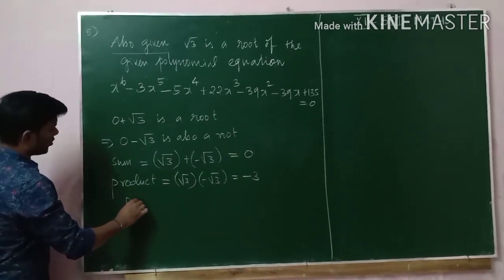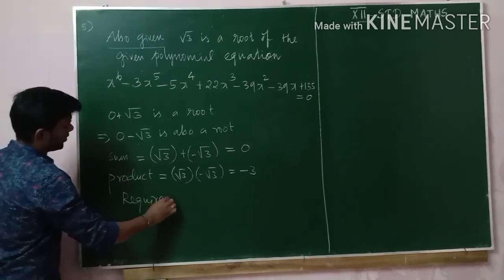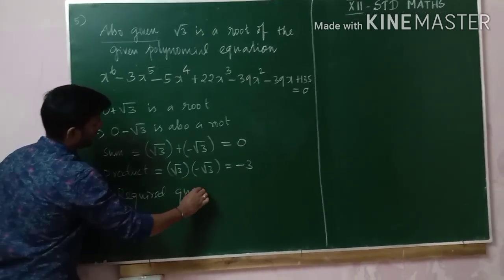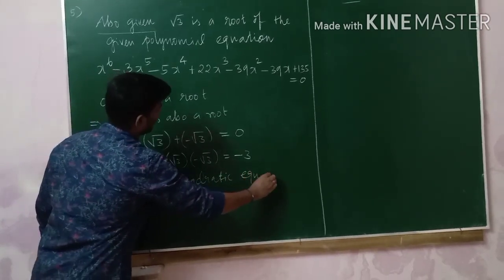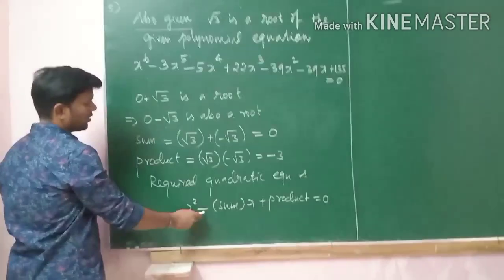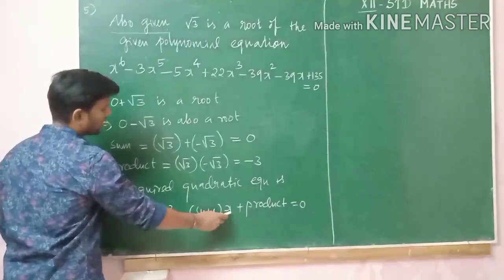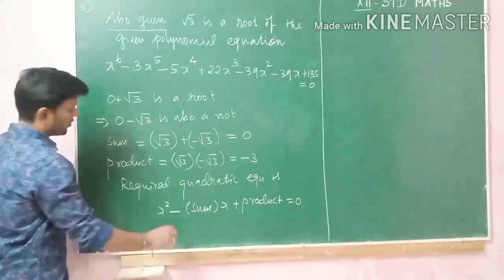So what is the required quadratic equation? Required quadratic equation is x square minus sum of roots into x plus product of roots equal to 0.